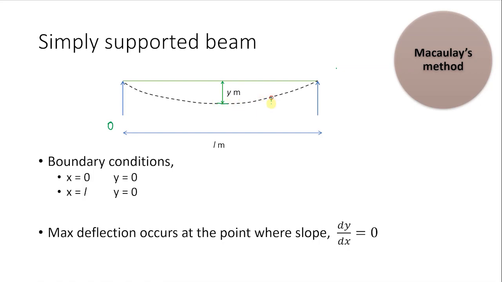The slope is actually here, for example, you can see there is an angle like that. So this is slope. But when it reaches the maximum here, the beam goes straight a little bit there. So there is no slope, which means dy over dx equals zero. So dy over dx is the slope. Where dy over dx equals zero, that is where y is maximum.